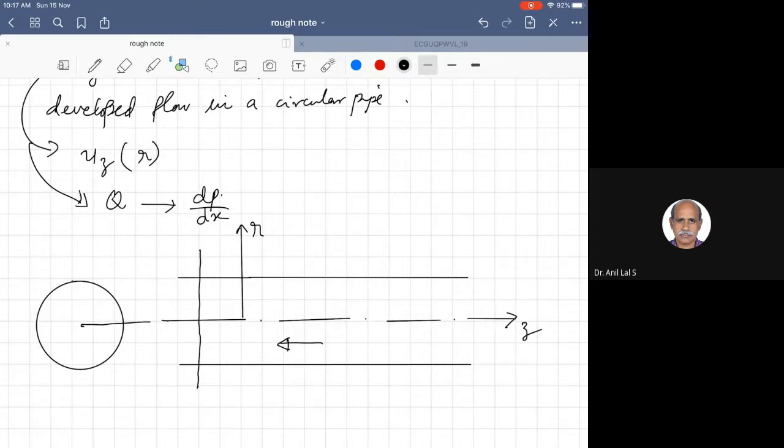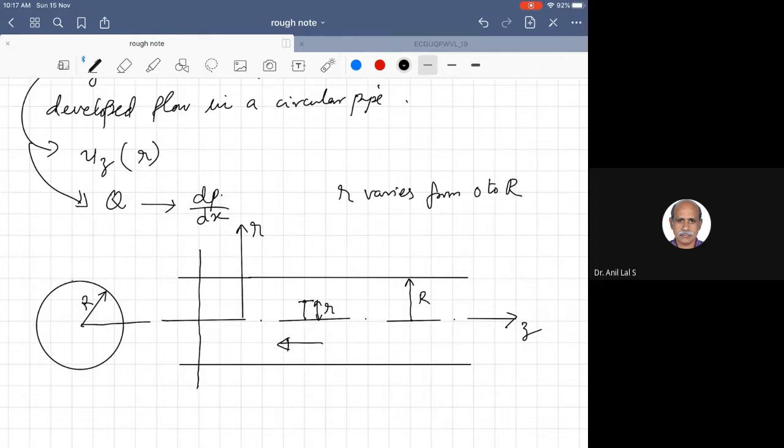The view is a circle, and this radius is the outer radius of the pipe. That is R, capital R is the radius of the pipe, that can be marked here as this much is R, and at any point has a certain radius. So this distance will be radius r. So r varies from 0 to capital R.